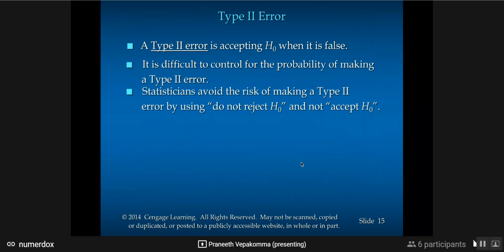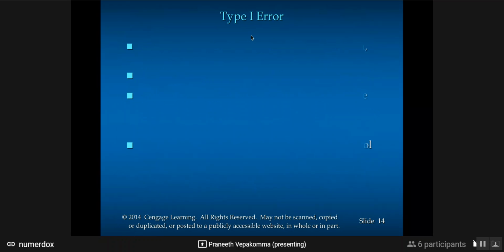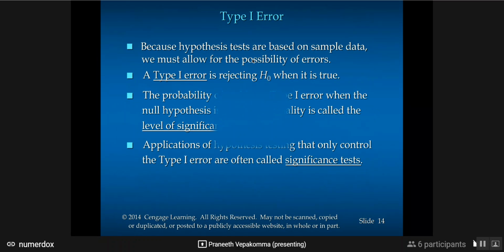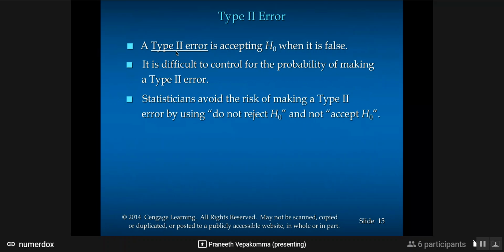There's another kind of error. It's the other way around. Before, I said rejecting H0 when it is true; that is type 1 error. Now, accepting H0 when it is false is another kind of error. That is known as the type 2 error. There is a theorem, which is found in more rigorous textbooks, that it is difficult to control and reduce both the type 2 as well as the type 1 error.